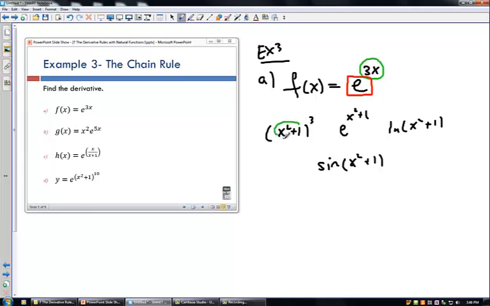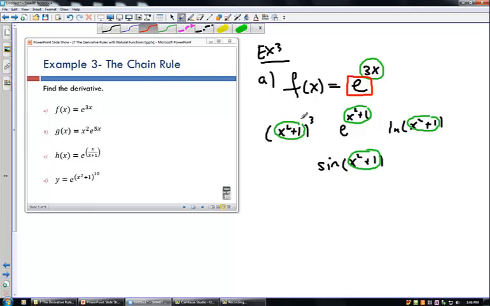So of course here, that's the inside. Here, that's the inside. Here, that's the inside. And here, that's the inside. The only one that gets a little bit confusing is e, but it's e to the x squared plus 1. So it's like the e's holding on to that. Right? The cube's holding on to this, the ln's holding on to that, and the sine's holding on to the x squared plus 1 here.